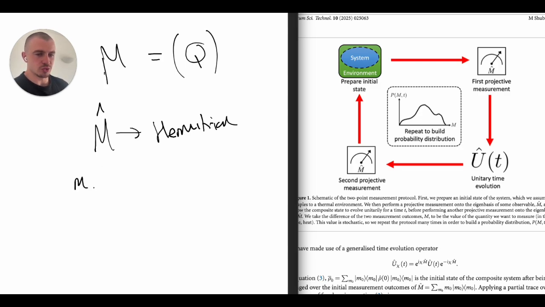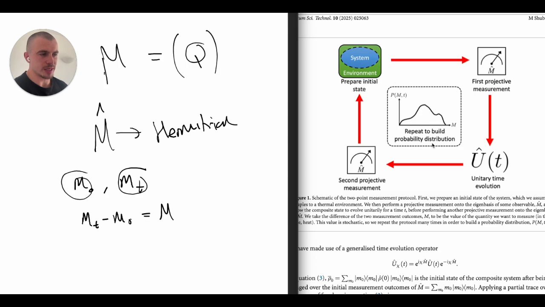So we now have two random eigenvalues of M, which I'm going to call M0 and Mt. Right, this is just whatever eigenvalue we measured at time t is 0, which is defined as the time at which we performed the first measurement. And then Mt is just defined as whatever measurement outcome we got at time t, which is when we perform the second measurement. So we then take the difference between these two values, and this is going to be a stochastic quantity, and we call it M.